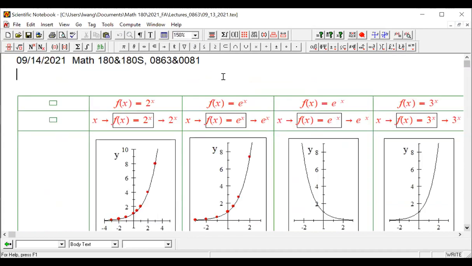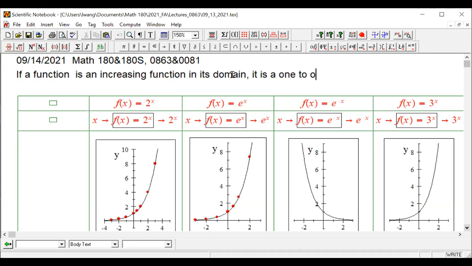But as soon as I discover I made a mistake, I will correct it. Now, if a function is an increasing function in its domain, it is a one-to-one function. Do you remember that?